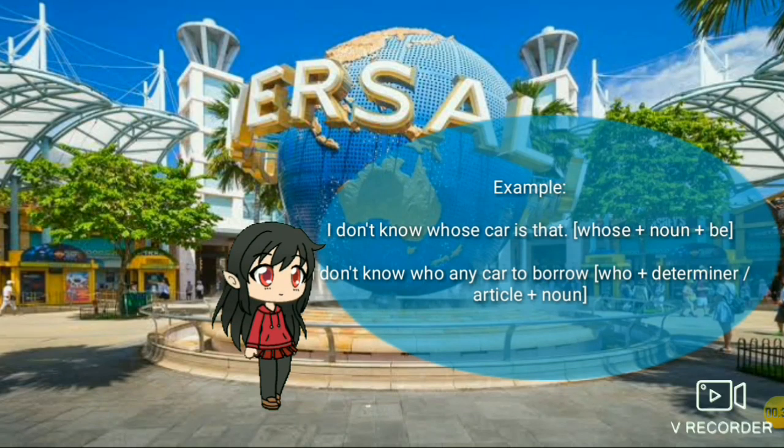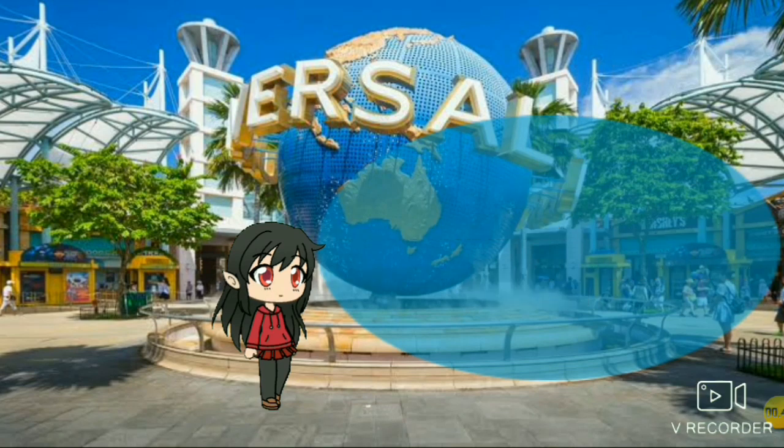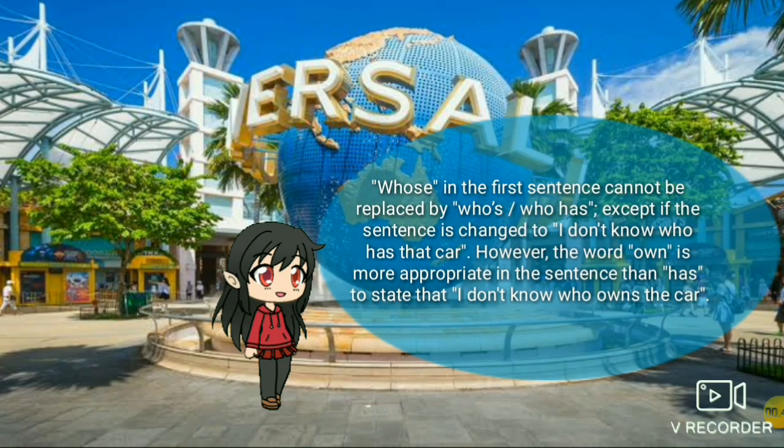Example, I don't know whose car that is. Whose plus noun plus be. I don't know who has any car to borrow. Who has plus determiner, article plus noun. Whose in the first sentence cannot be replaced by who's, who has, except if the sentence is changed to I don't know who has that car. However, the word own is more appropriate in the sentence than has, to state that I don't know who owns the car.